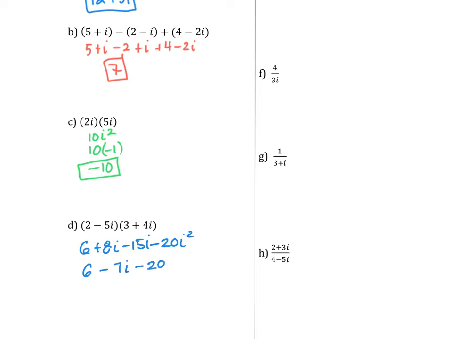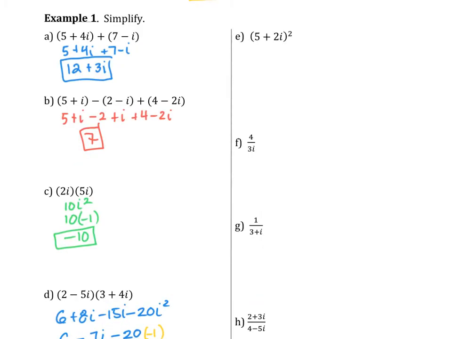Okay, now I have an i squared here, and I know I don't want to leave an i squared there. So I'm going to remember that i squared equals -1. And if you multiply by -1 in your head, that would be fine. If you multiplied it in your head, then you turn this into a plus 20. So this is going to be 26 minus 7i in standard form because I put the real component first and the imaginary component second.